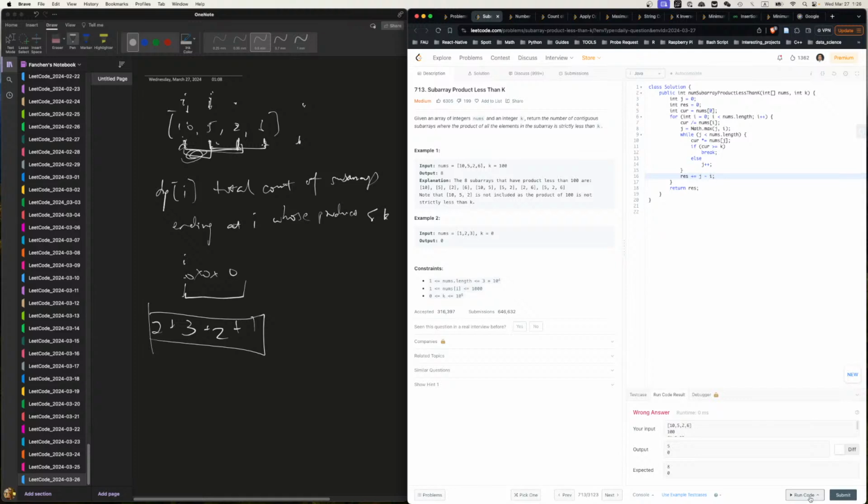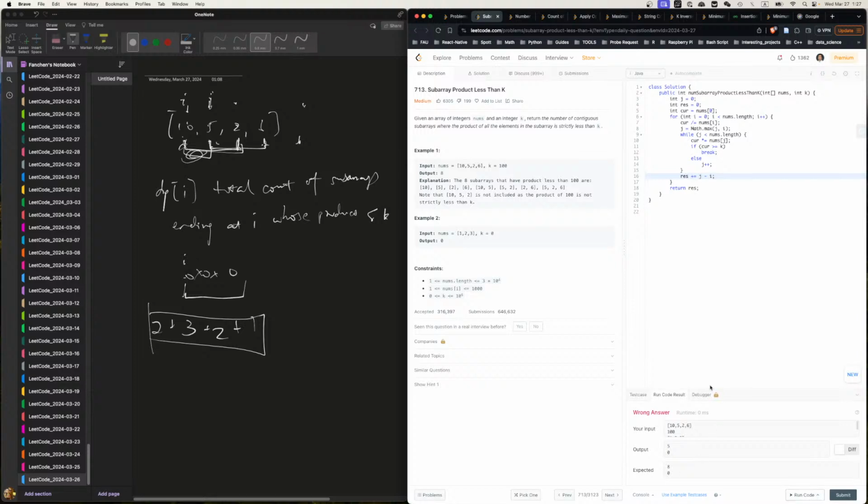So we start with 10. So current is 10. 10 divided, so current is 1. J is 0. So J starts from 0. So current, what times equal to? So it will be 0. Okay, J++. Now it'll be 50. J++. Now it'll be 100. So we break.